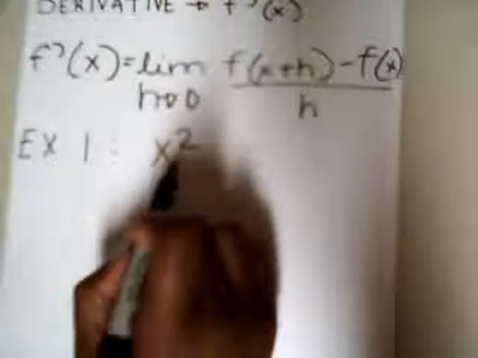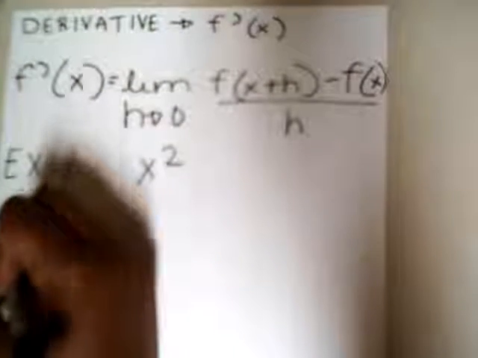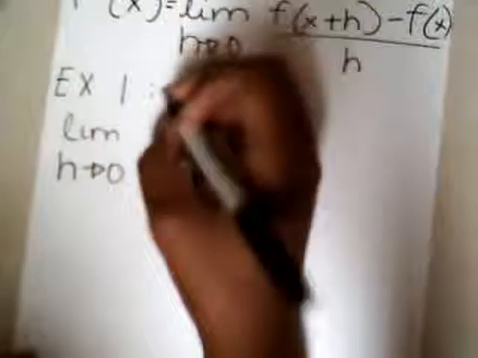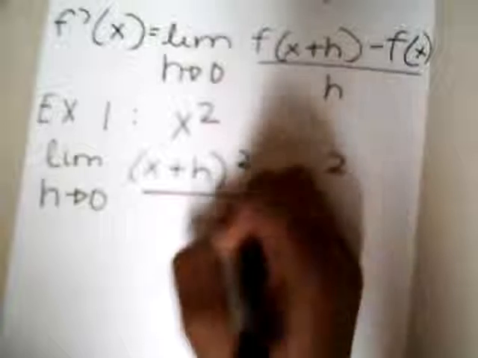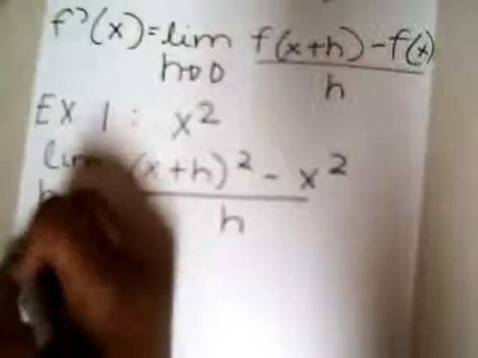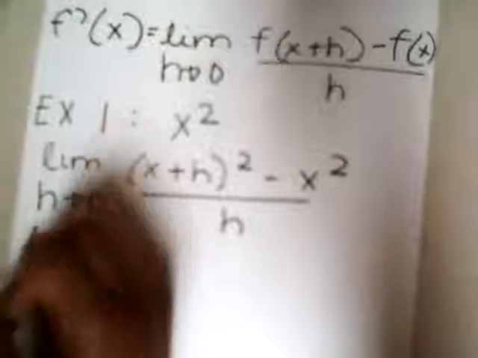We're going to use a simple curve, x squared, and find the derivative. We begin by plugging in x squared everywhere where it says f of x. We can go ahead and factor out the equation like normal.